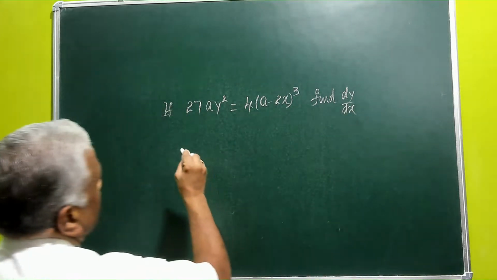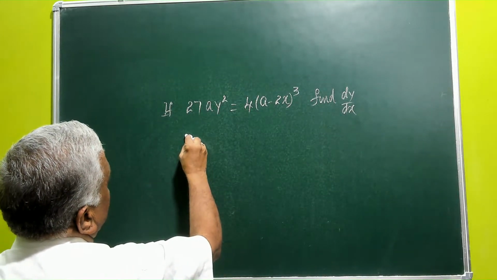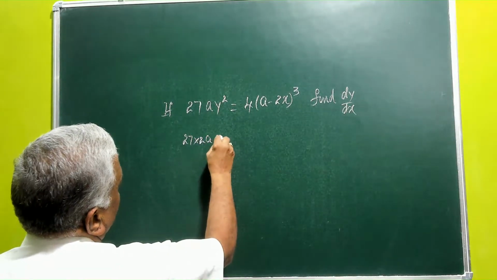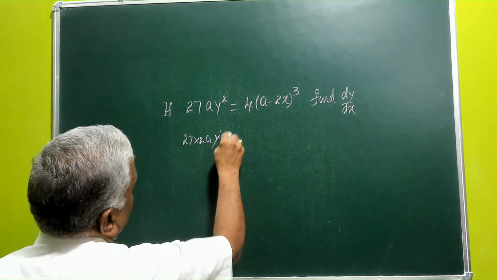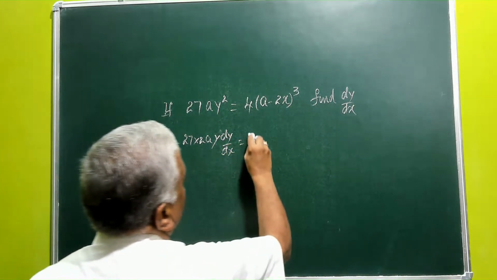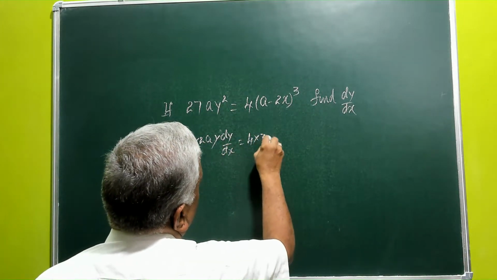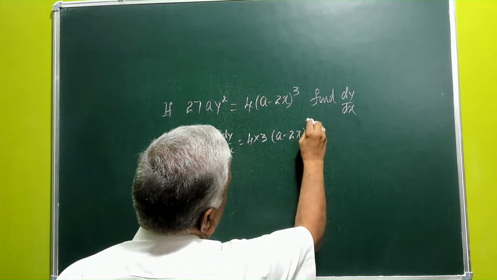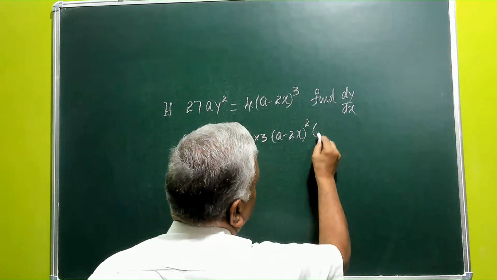So here, this is 27 into 2a y dy by dx is equal to 4 into 3 (a minus 2x) whole square into minus 1.